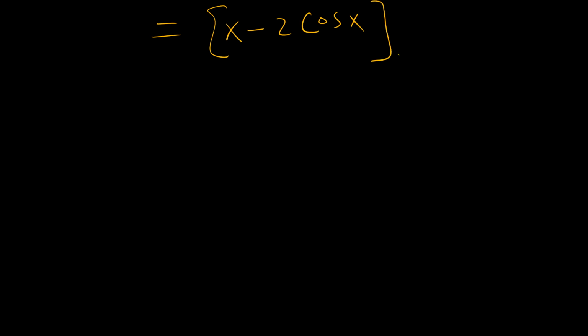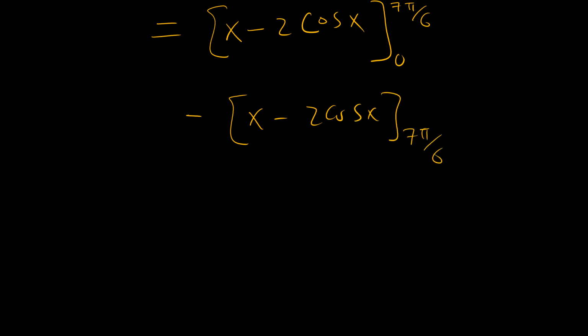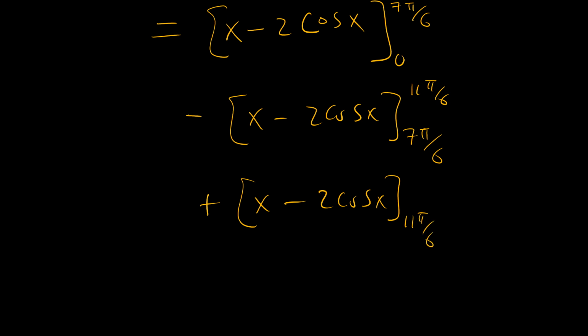Cosine x, 0 to 7 pi over 6, minus x minus 2 cosine x, 7 pi over 6 to 11 pi over 6, plus x minus 2 cosine x, 11 pi over 6 to 2 pi.